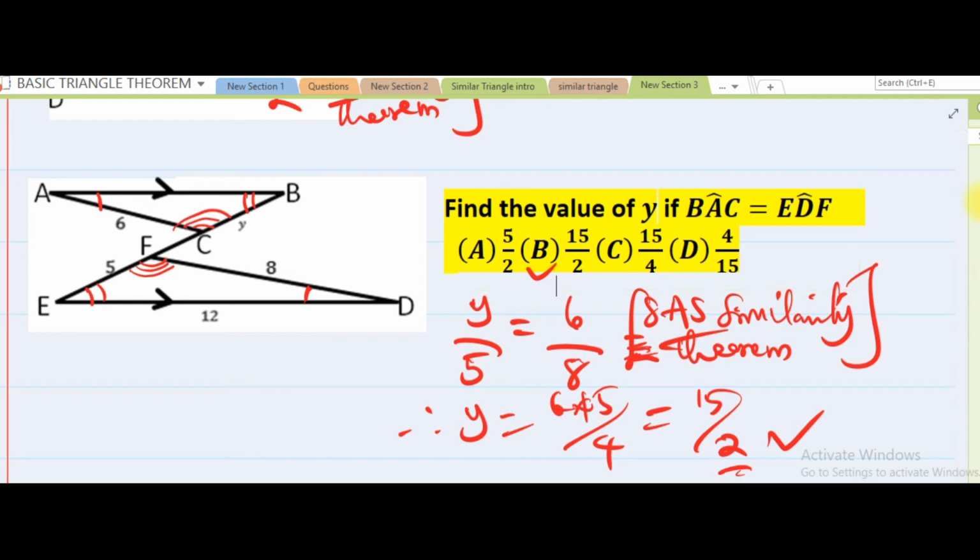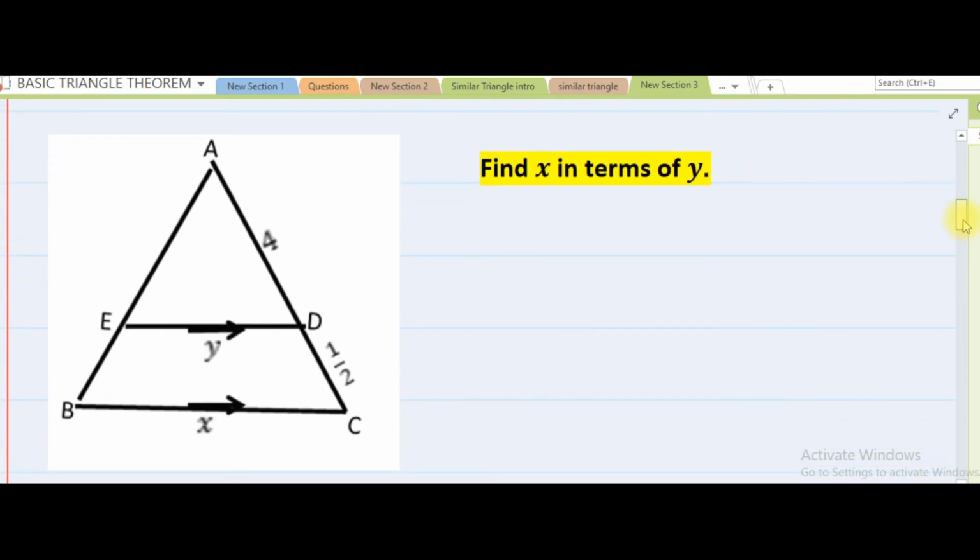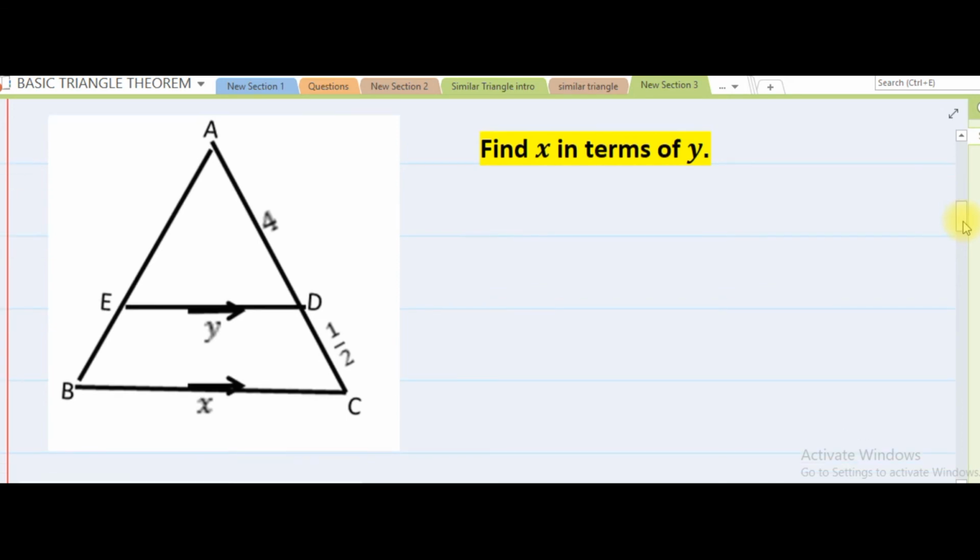Don't misplace sides. So the next one, we are asked to find x in terms of y. Find x in terms of y. Looking at this, the triangles are similar. I'm saying that triangle AED is similar to triangle ABC.